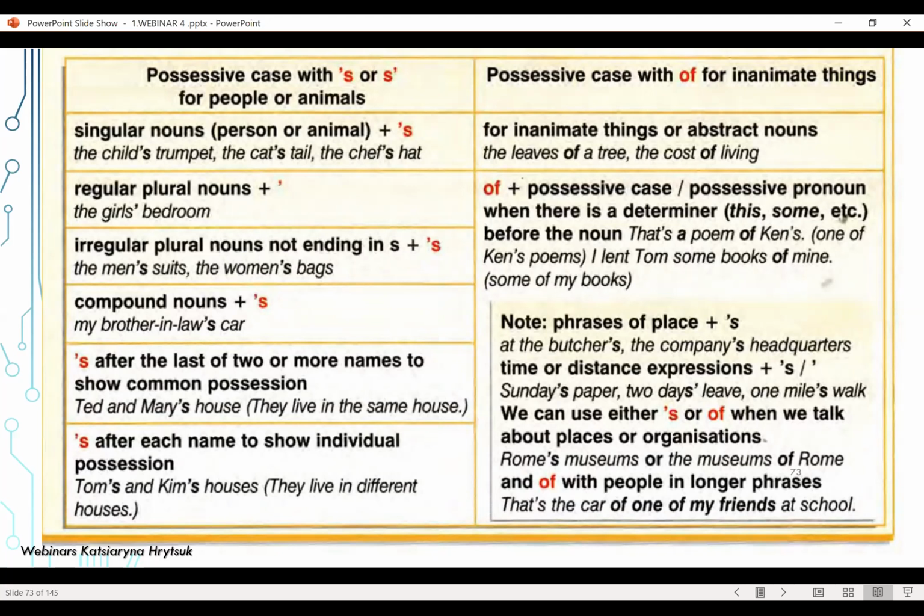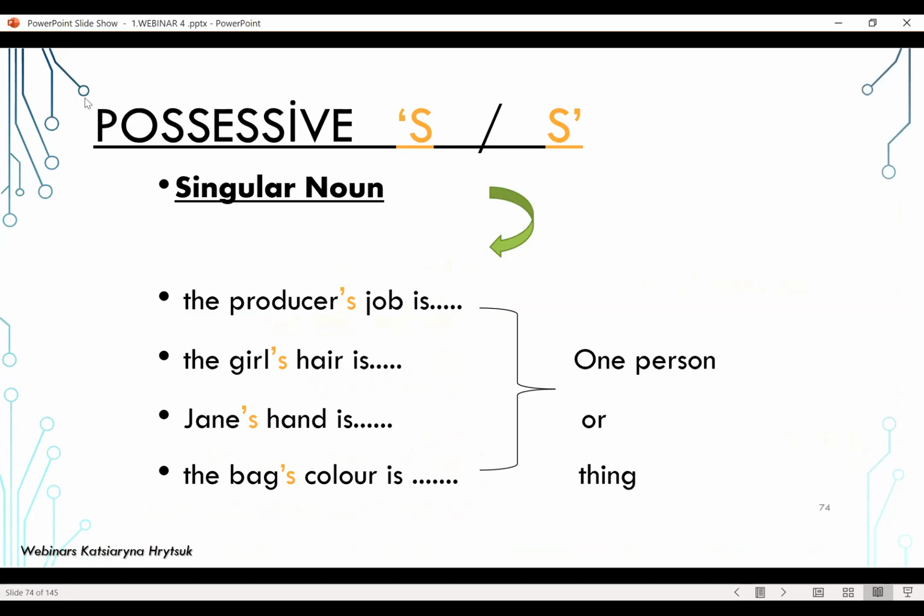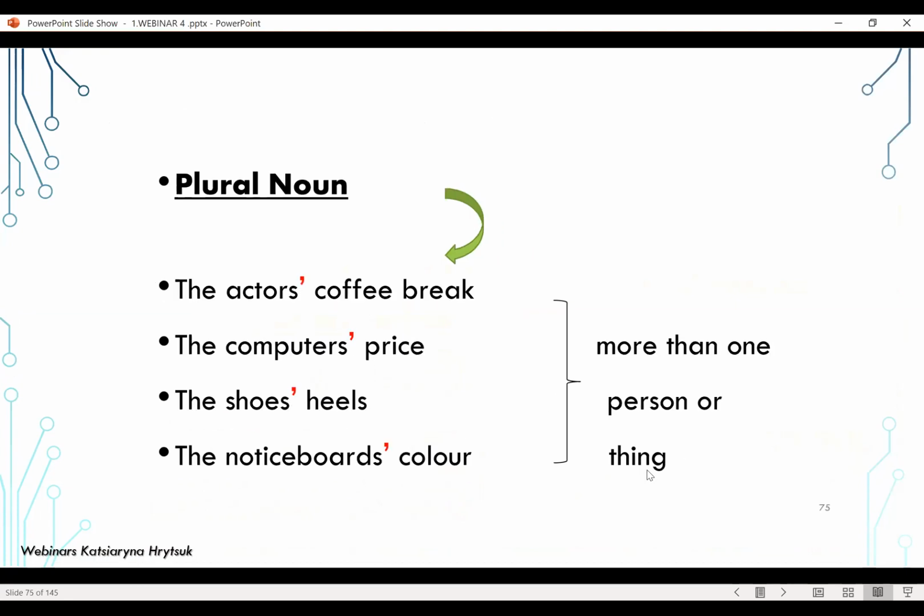So this is our possessive case, of course. Now, summary. With a singular noun, apostrophe S: the producer's job, the girl's hair, Jane's hand, the bag's color, so one person or thing. With plural nouns, you see S, then apostrophe.